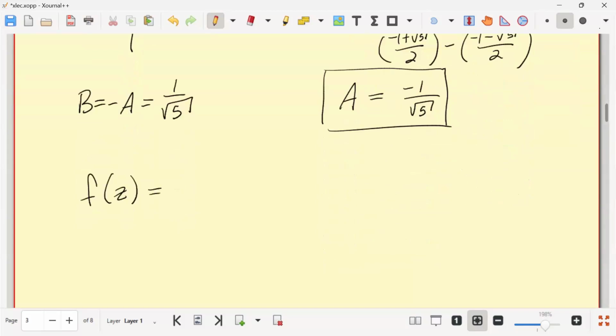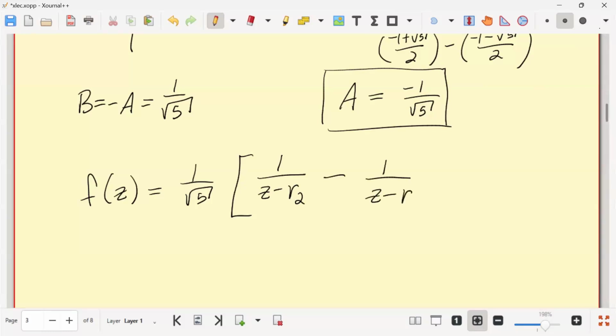F of z is equal to 1 over the square root of 5 times (1 over z minus r2, that was the positive one, and the other one is minus 1 over z minus the famous root). And now you say, well, how could I get a power series from this?